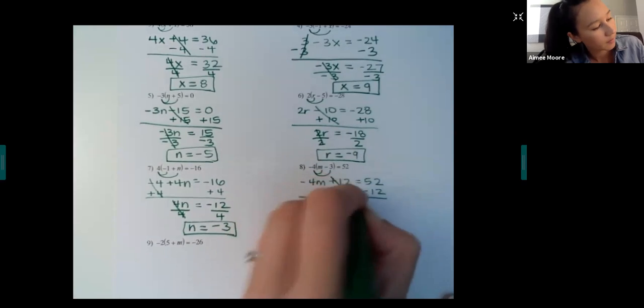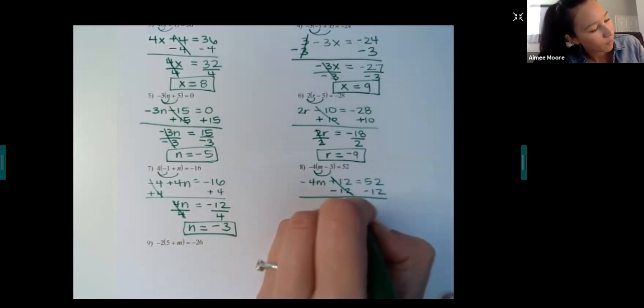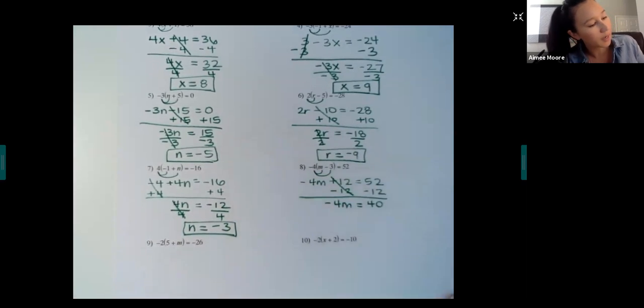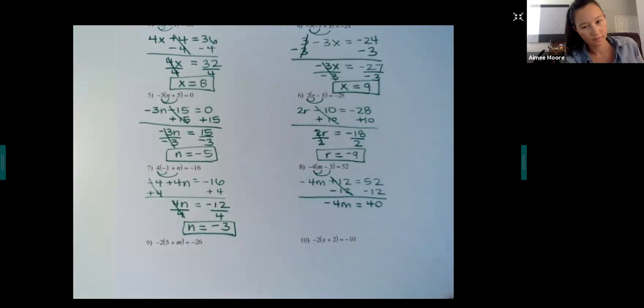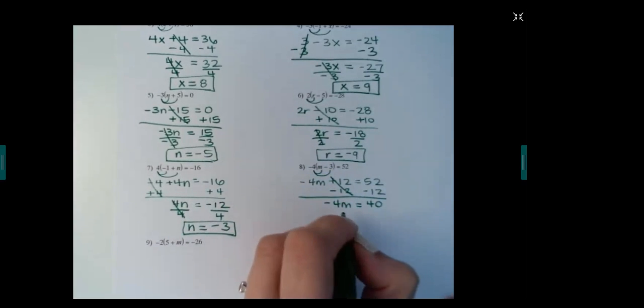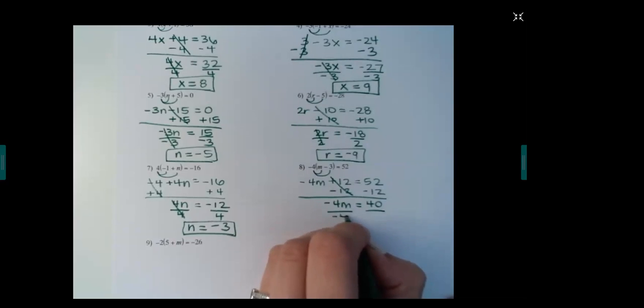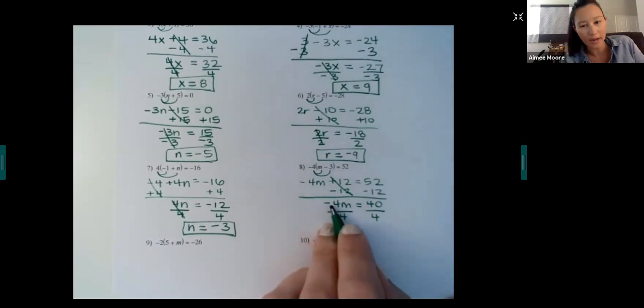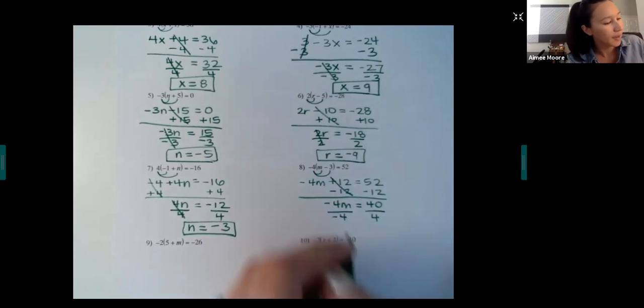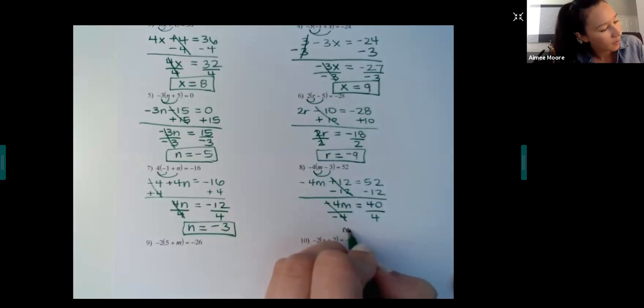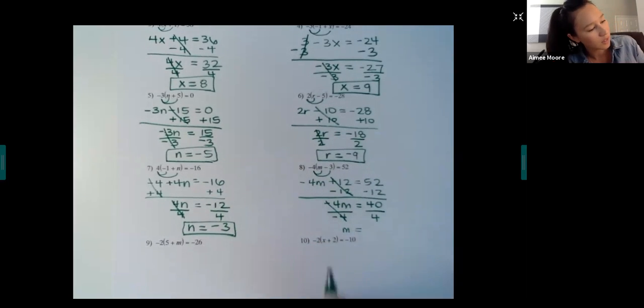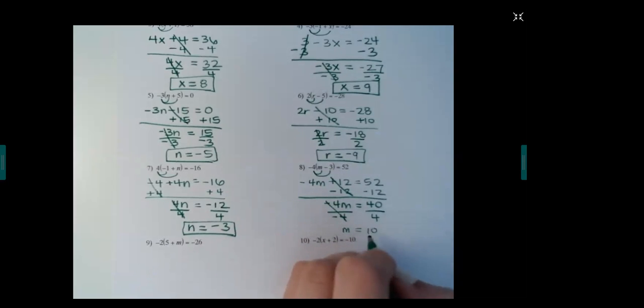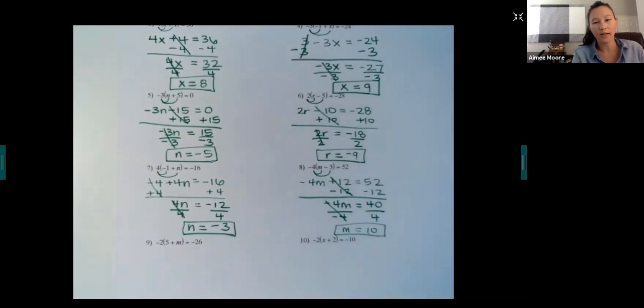Very good. So we have -4m equals 40. And then we divide by -4, right? Don't forget your negative. Yeah, -4. So those cancel out, and that leaves us with m equals 10. Perfect. Very good.